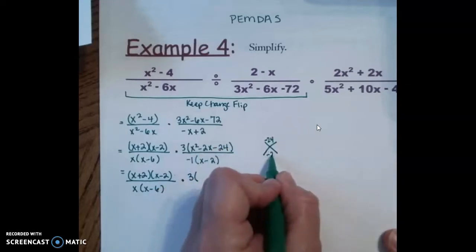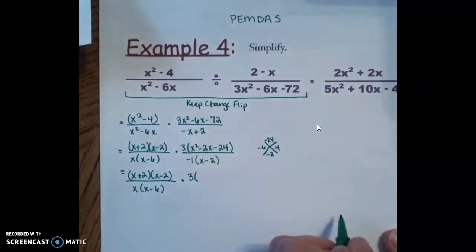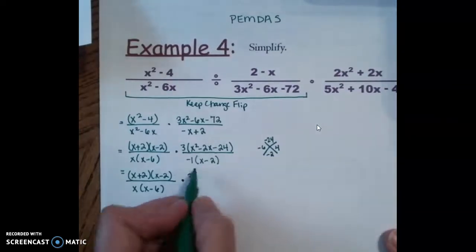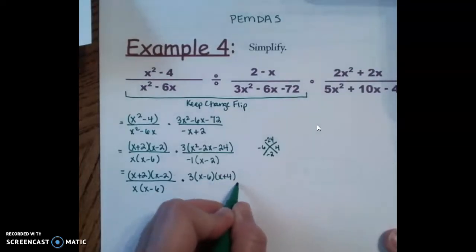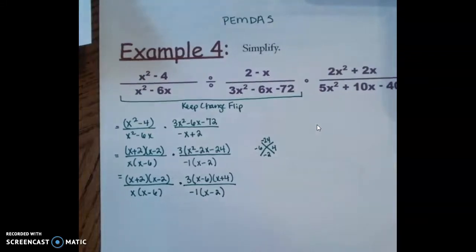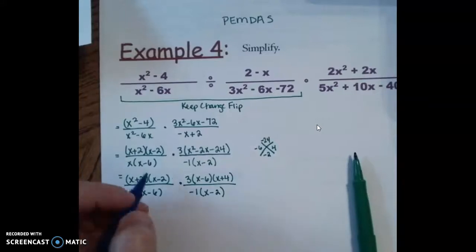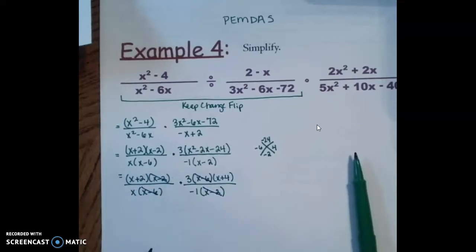That would give me -2 is going to be -6 positive 4. So I can do my shortcut there. So x minus 6, x plus 4. And we'll bring down that denominator. So then we're ready to mark out our common factors. So x minus 2 divided by x minus 2. X minus 6 would go away.